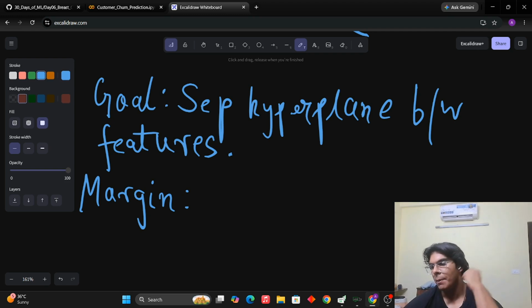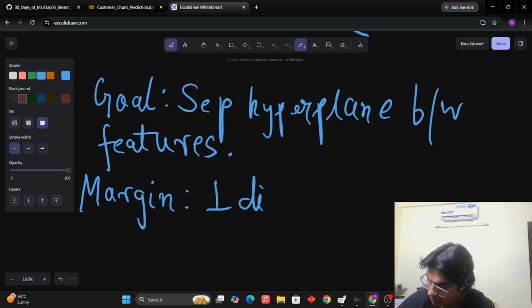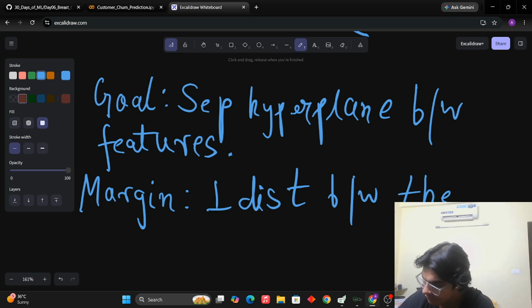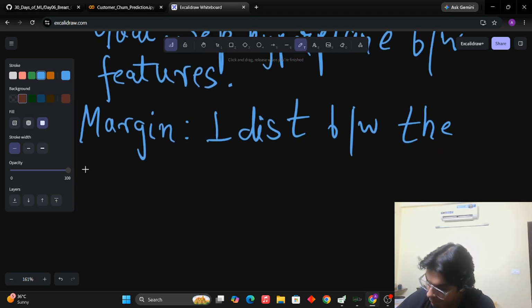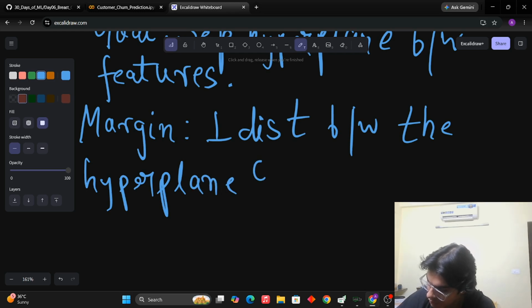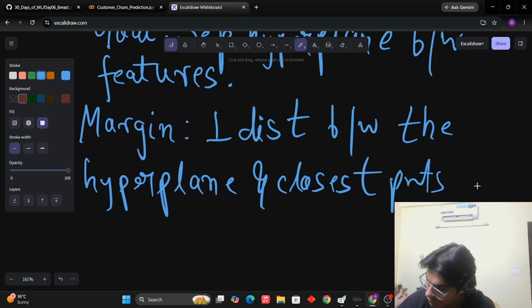This is similar to it, but in the SVM, if we write it down, the margin is the perpendicular distance between the hyperplane and the closest points on both sides.